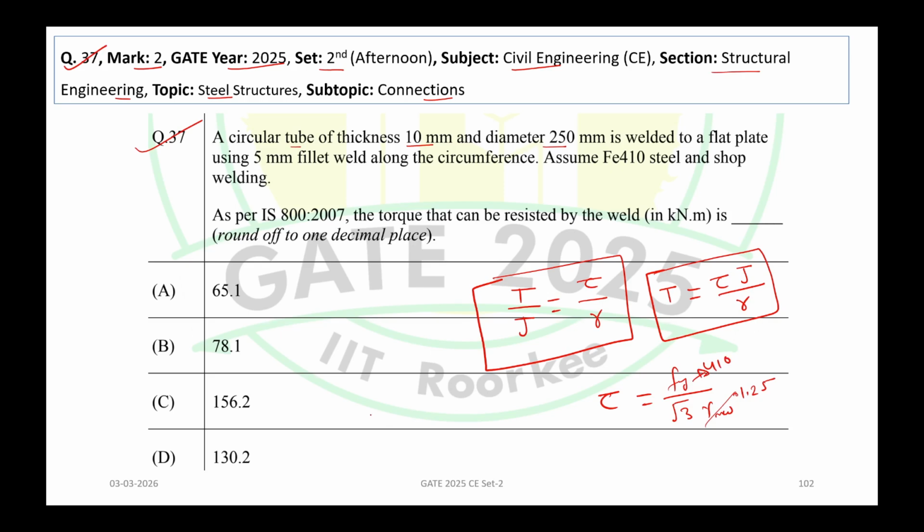What is R? R is half the diameter, d by 2, which is also given.